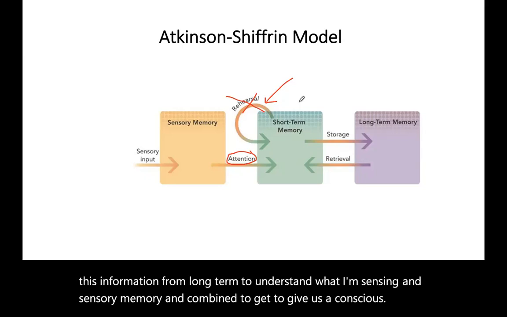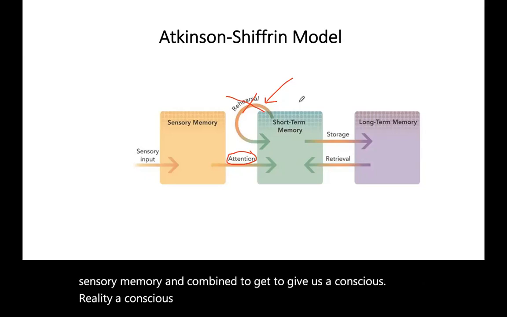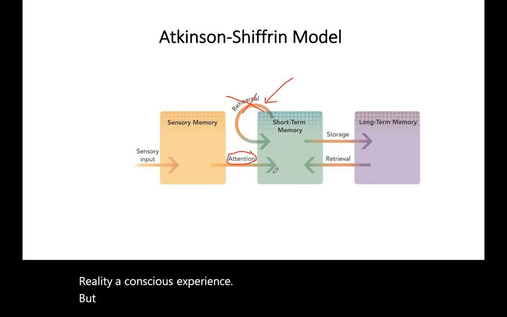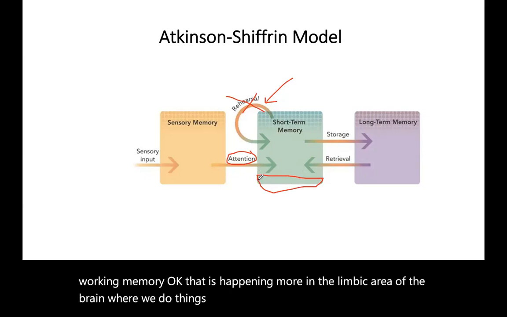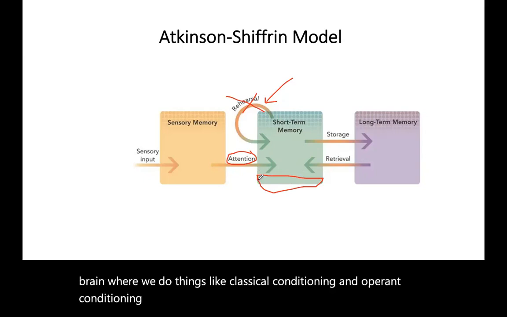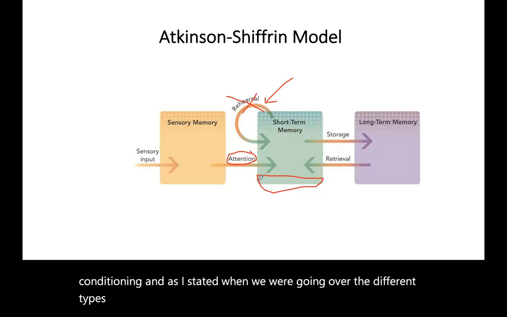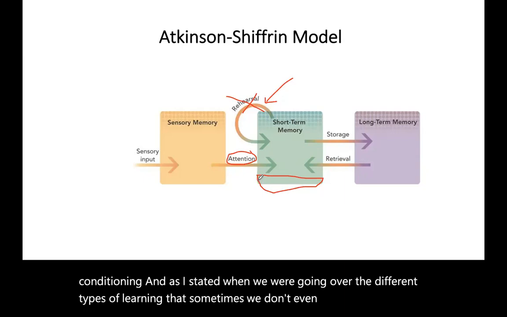reality, a conscious experience. But again, as I mentioned last week, we also have an unconscious working memory. That is happening more in the limbic area of the brain, where we do things like classical conditioning and operant conditioning. As I stated when we were going over the different types of learning, sometimes we don't even realize that we're creating a memory.